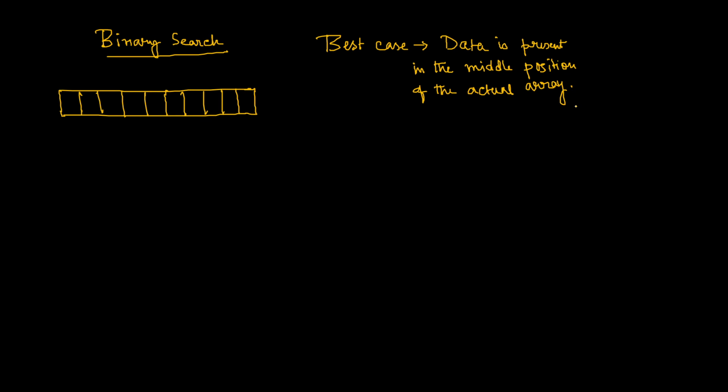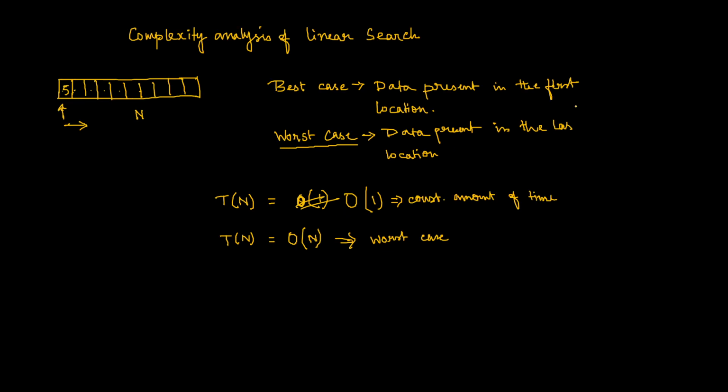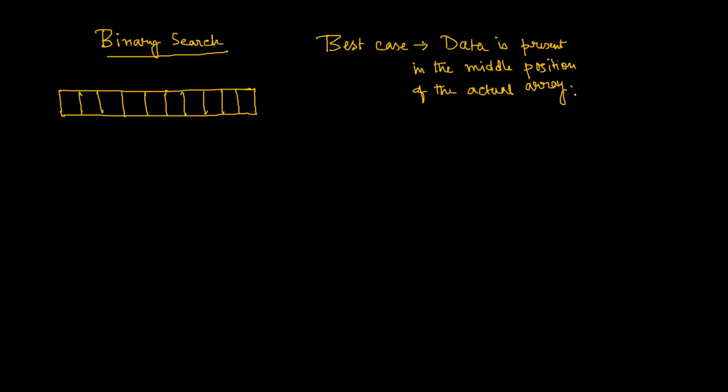Now in case of linear search, the best case was a little bit different. It was somewhere in the first location, but in case of binary search, it is somewhere in the middle.